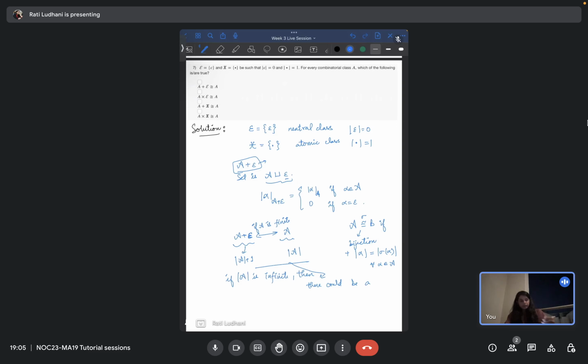For example, let A be the natural numbers P. Then you add this epsilon, so you have epsilon plus P here and just P there. You cannot map all the elements of P to the same elements of P; you have to settle epsilon also.